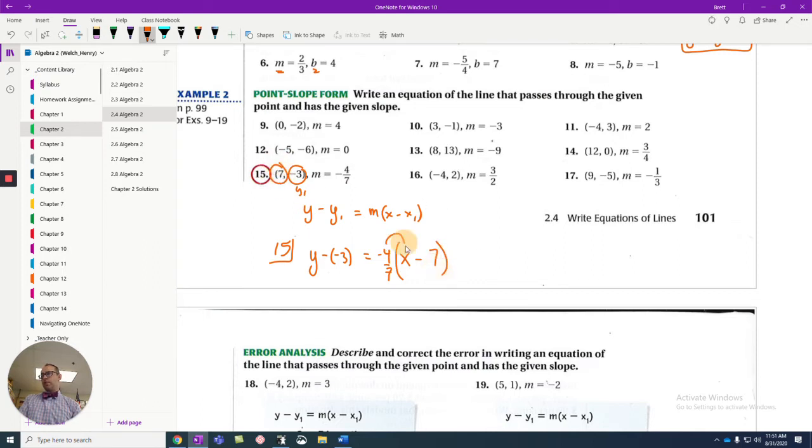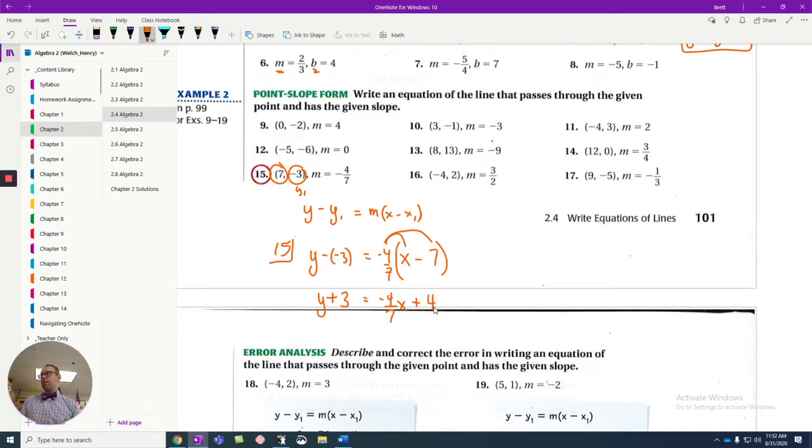Now I need to distribute to clean this up. I want this to look like a y equals mx plus b form, so I need to do the algebra to clean it up. This over here becomes just y plus 3, because a double negative would cancel, and here I'm going to get -4/7 x, and when I multiply a -4/7 times a -7, I get a +4.